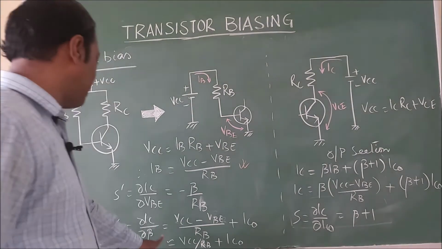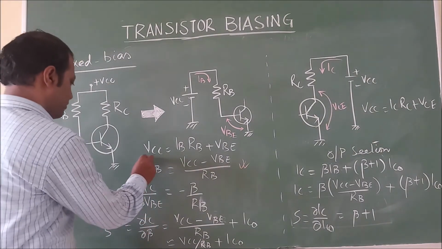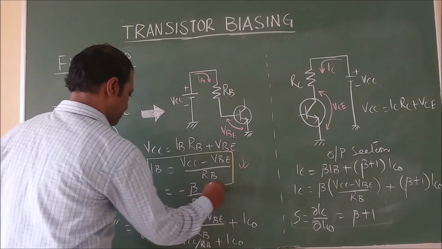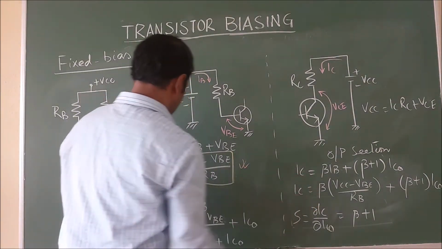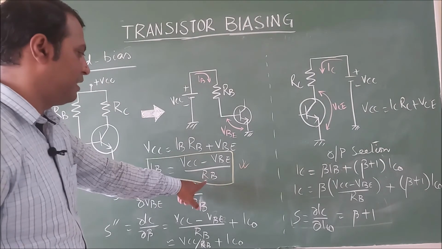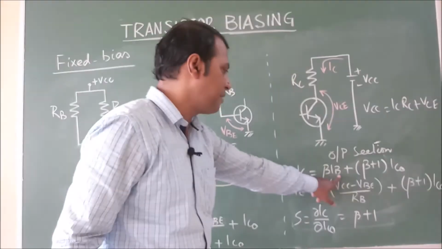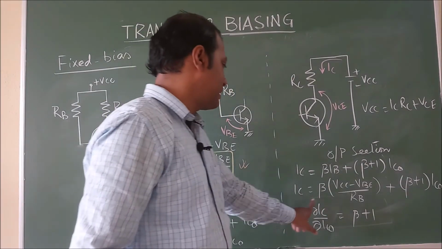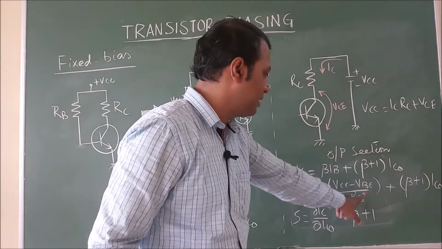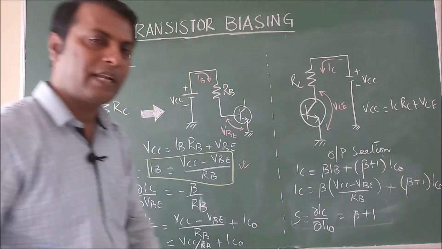Now we substitute the value of IB here. IB is equal to VCC minus VBE by RB, so we put it in for IB. So it becomes IC is equal to beta into VCC minus VBE by RB, plus beta plus 1 ICO.